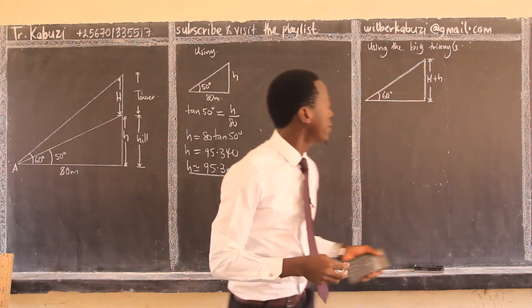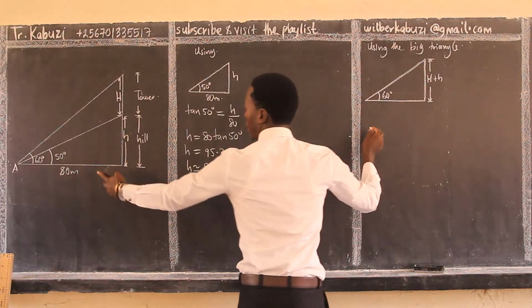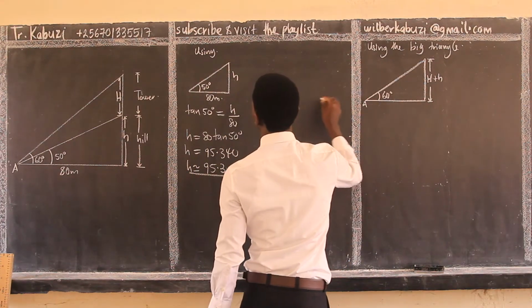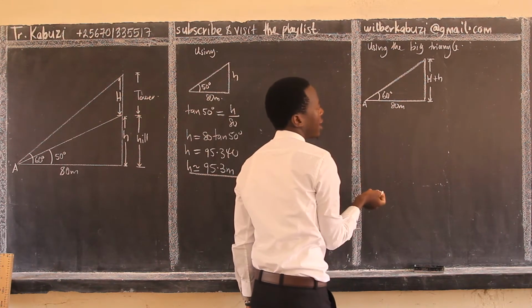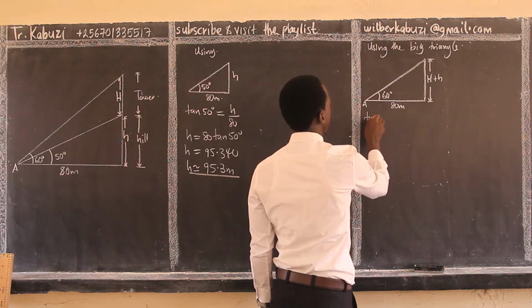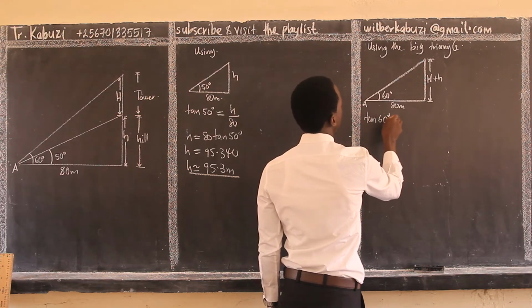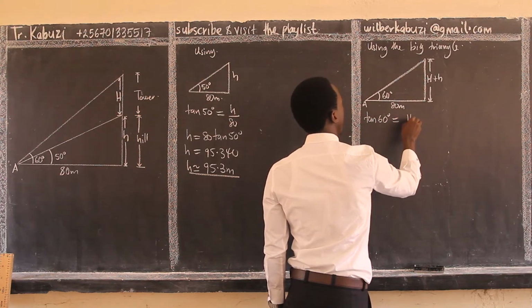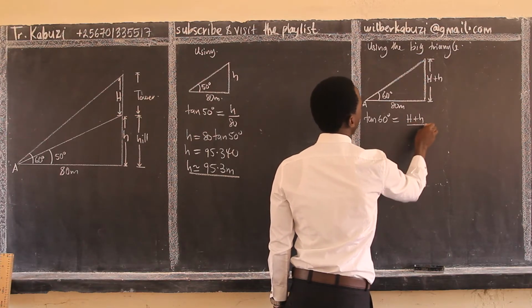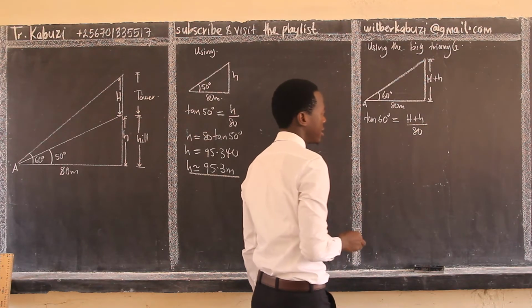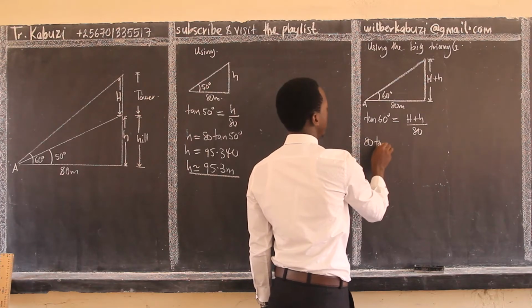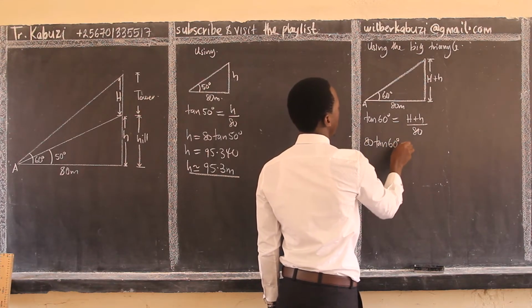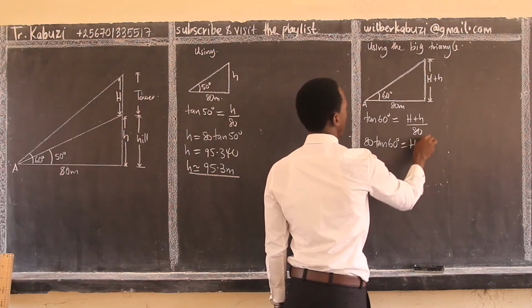If this is point A, this distance remains 80 meters. So here we're also going to use tan. Tan 60 degrees will be equal to the opposite over the adjacent. So cross multiply, you get 80 tan 60 degrees equals H plus small h.